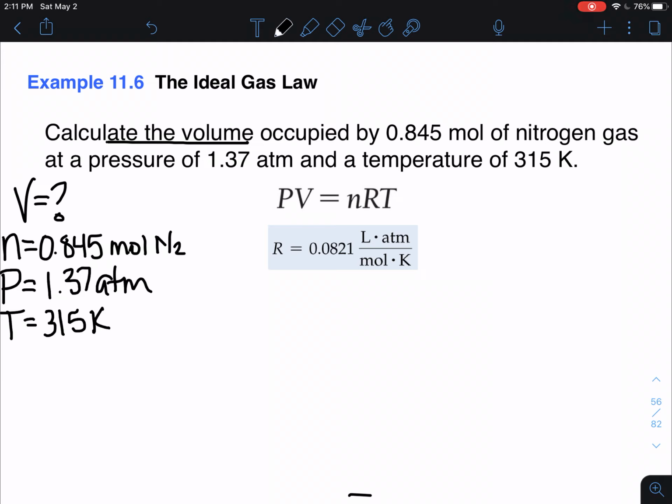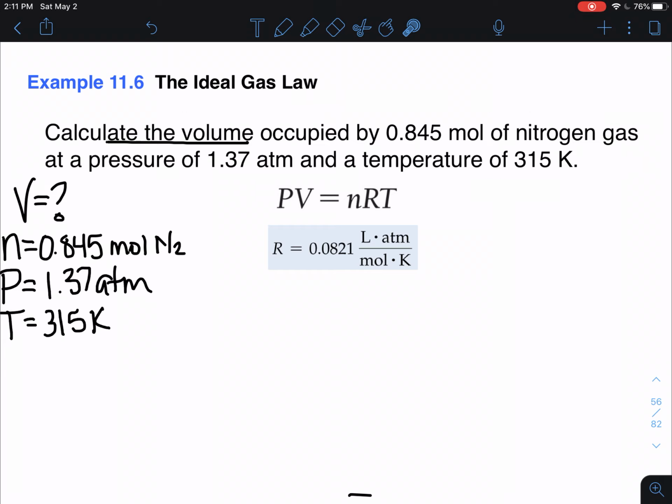The only thing you have to remember is that we're always going to use R. Even though R isn't given, you're going to have to use it. If you're given the number of moles, pressure, and temperature, and you're not given a before and after, think to yourself, this is the ideal gas law, and you have to incorporate R even though it's not explicitly given.